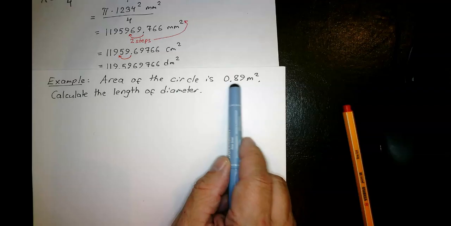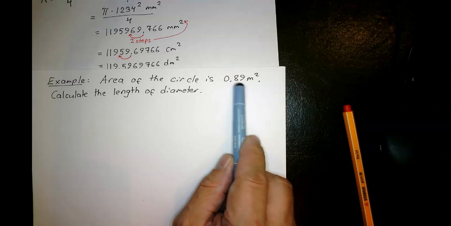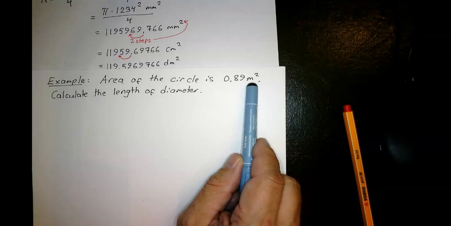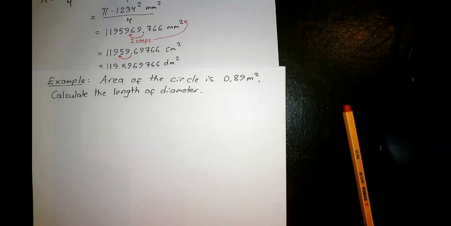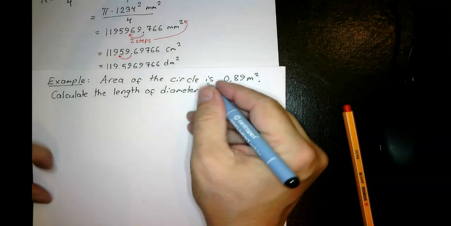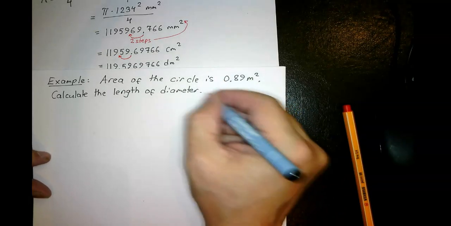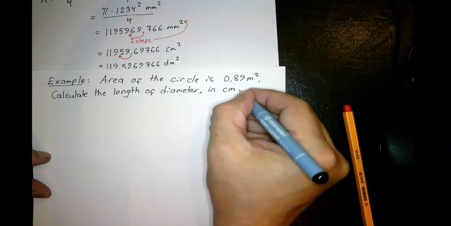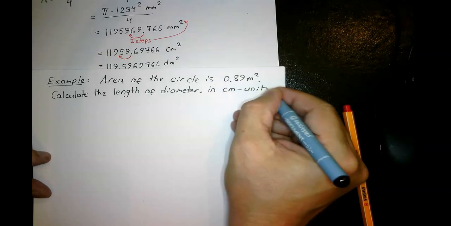It would be useful to change the unit of the area to square centimeters first. Let's take that for an example. Calculate the length of the diameter in centimeter units.